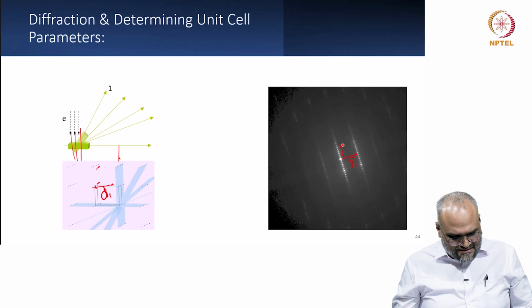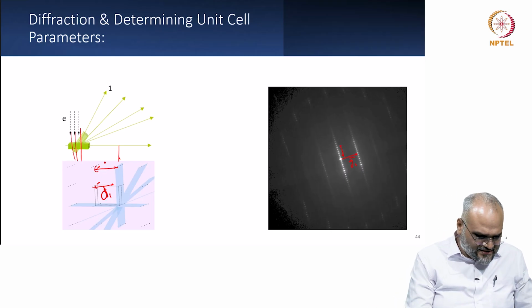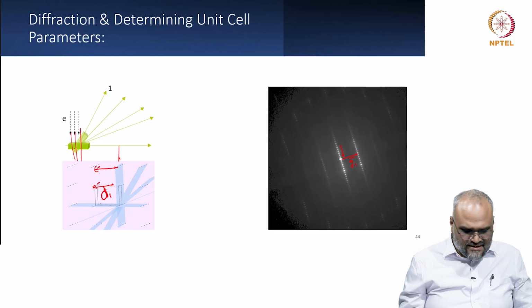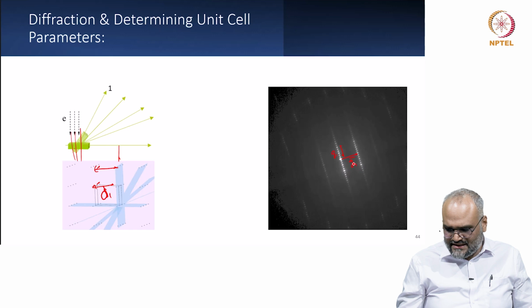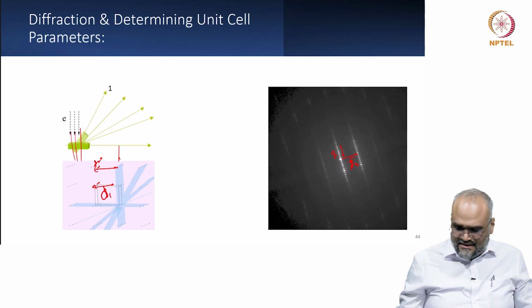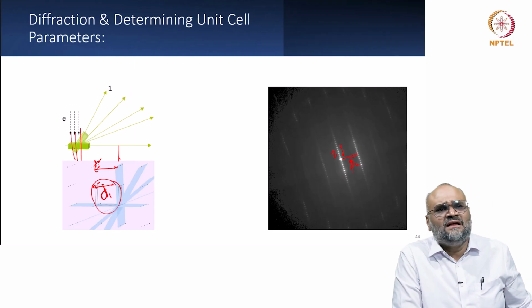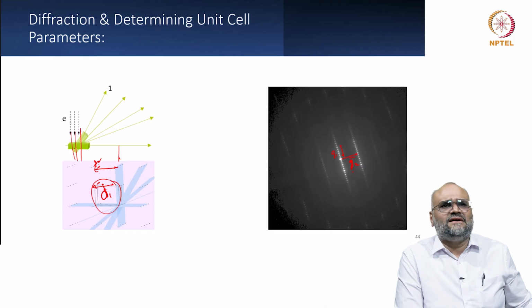In fact, this separation here is larger and this separation is actually smaller. So, you can say that this is G1 now and this is G2, or this can be D2, where G2 and G1 correspond to the reciprocal lattice vectors of these planes D1 and D2.